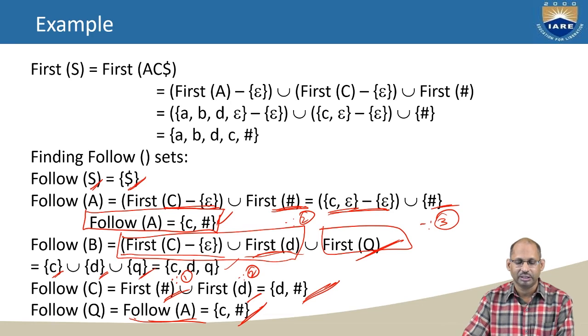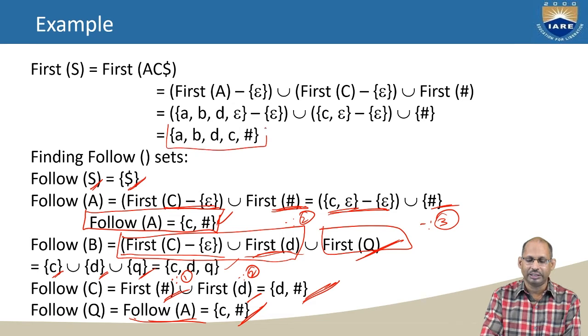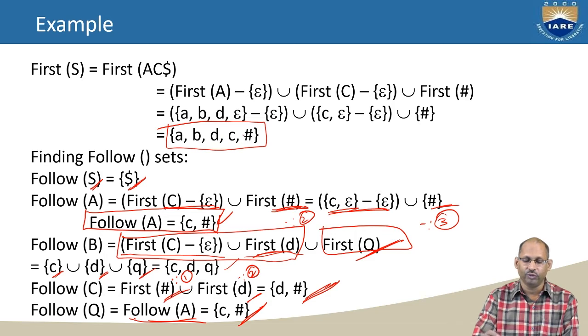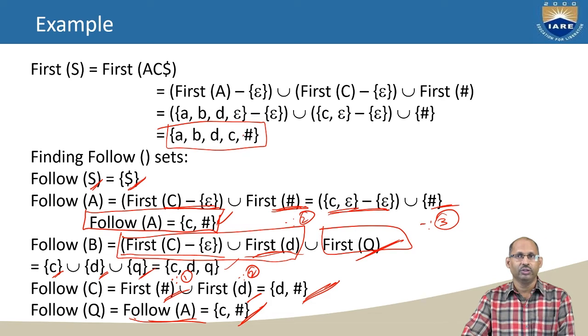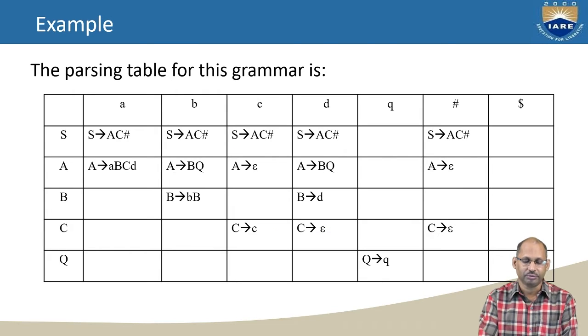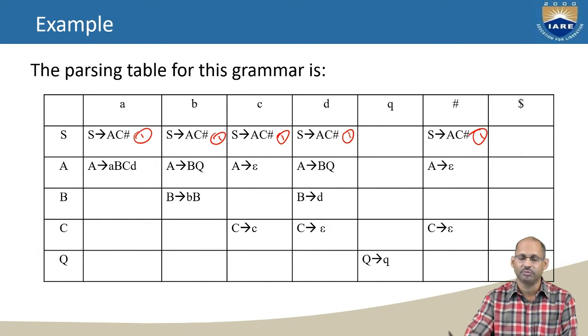So here these are the symbols of first of S: 1, 2, 3, 4, 5 symbols. In these 5 symbols we have to write the first production.